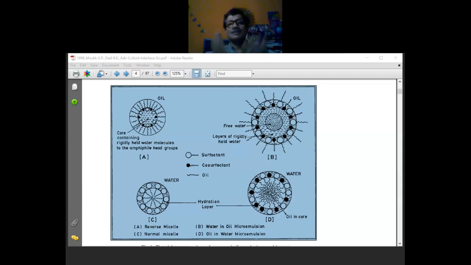Again, the surfactant acts as a protecting monolayer, which does not allow the water and oil molecules to come in contact with each other. So I get a dispersion of water in oil. So I will call it water in oil emulsion.